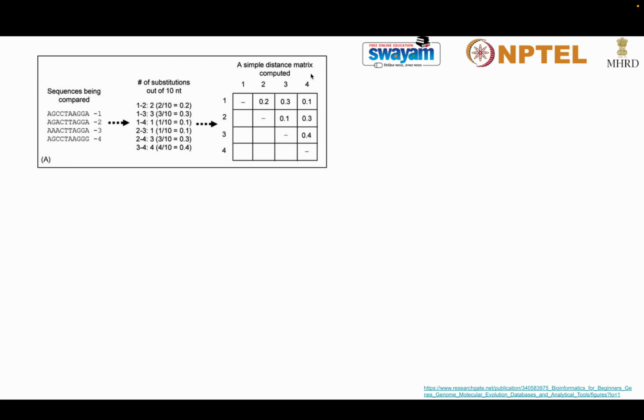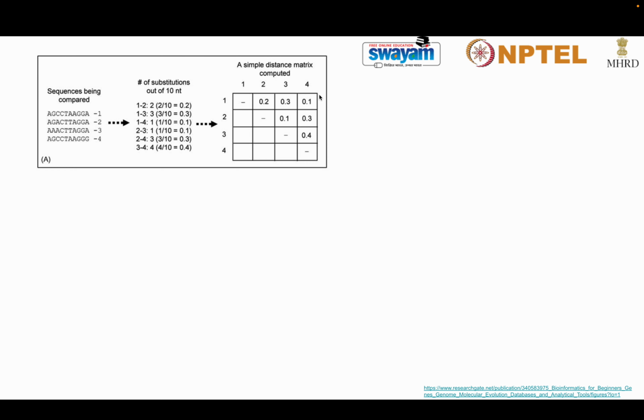So the matrix you obtain will be a symmetrical matrix, which means that across the diagonal, the values will be the same. That's why they have only placed the values in the top part of the matrix. With 1 and 2 it is 0.2, with 1 and 3 it is 0.3, with 1 and 4 it is 0.1. In this way, for each pair, you will place the value in the matrix.